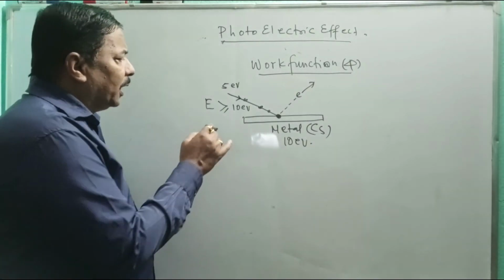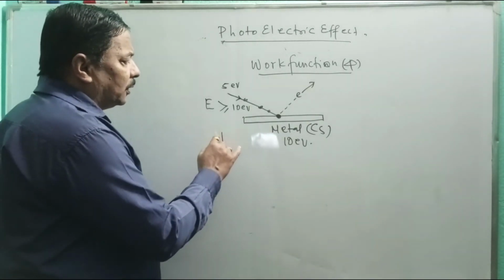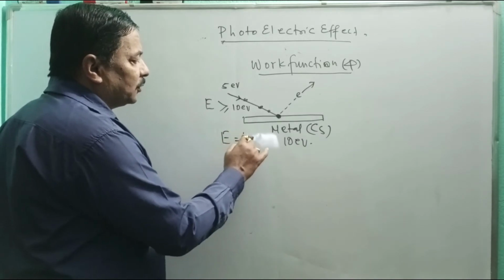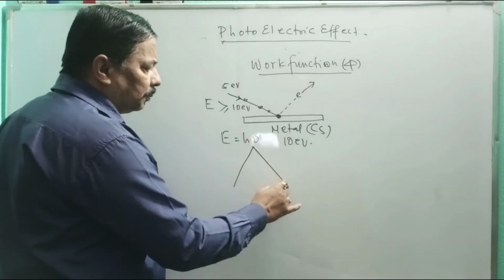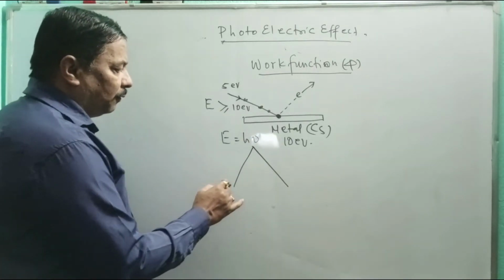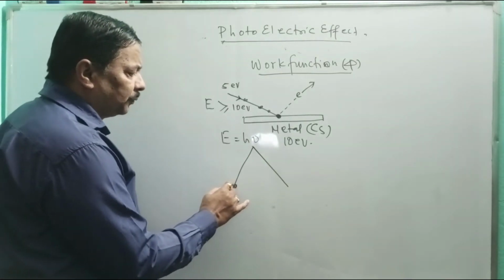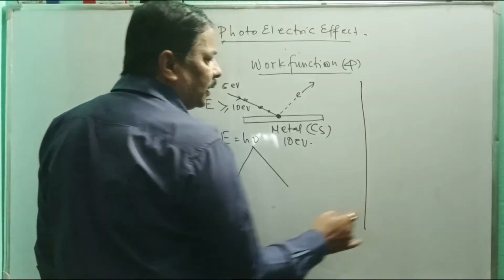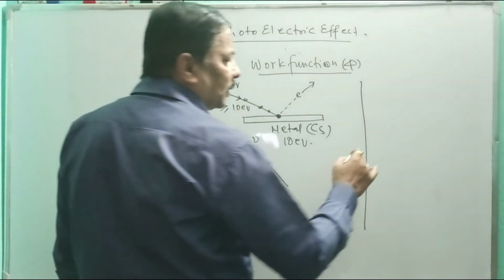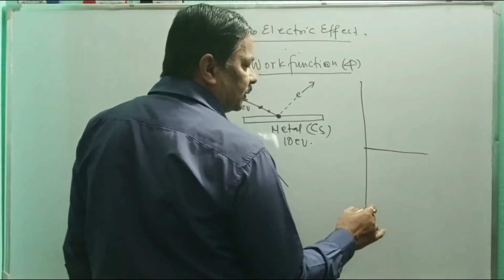So the energy of the photon that we are taking is h nu. It performs two tasks. First portion: here you see, if I take this energy level diagram, here is the surface.